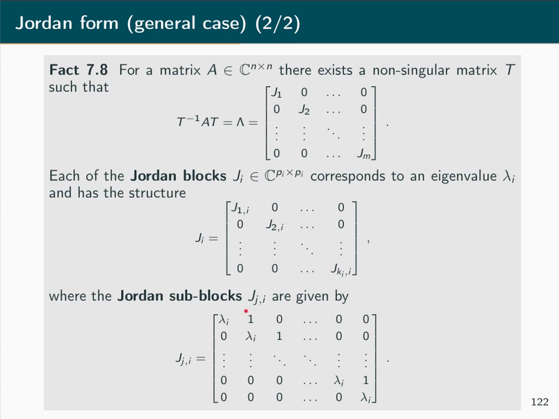If we substitute these subblocks back into the Jordan blocks and the Jordan blocks back into the expression for lambda, we get a matrix that has the eigenvalues of A on its diagonal, then a bunch of ones in certain places on the superdiagonal, and otherwise consists only of zeros.